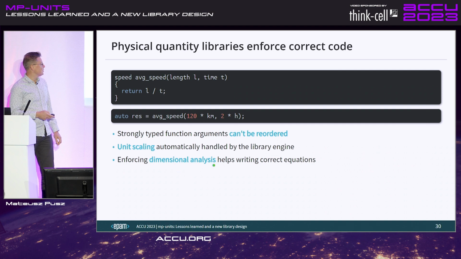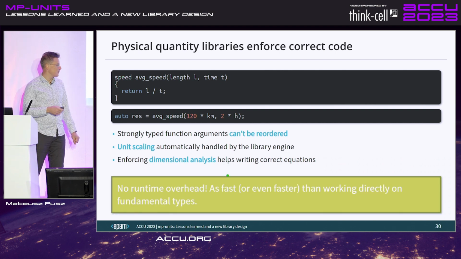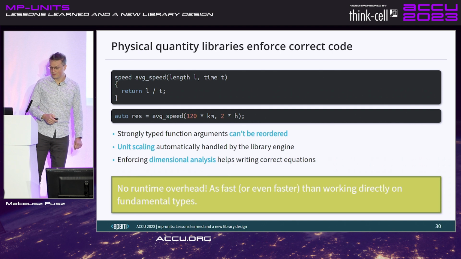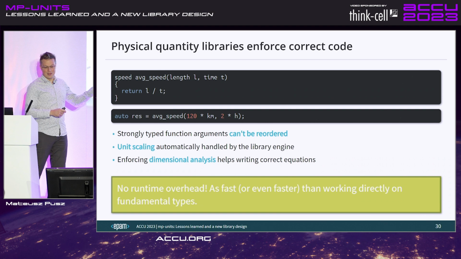And you have dimensional analysis to make sure that the equations here are correct. Because if this is wrong, then speed will not initialize, as the return type is wrong, not at runtime. And of course, there's no runtime overhead, as fast or even faster than working with doubles, as we found out before. So this is a property of every physical units library in the C++ ecosystem.